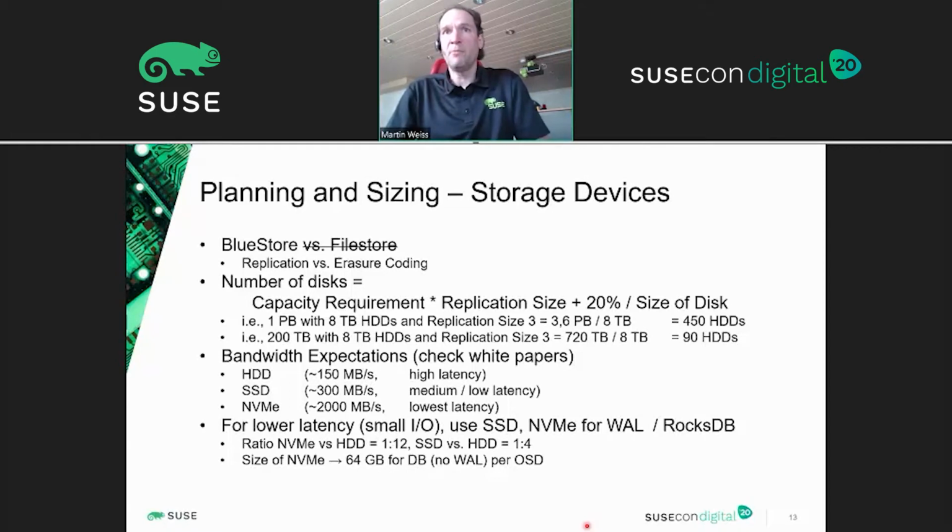So just as an example, if I want a 1 petabyte system and I'm doing a replication of 3, I would have 3 petabytes. Then I add 20% additional capacity to be on the safe side. With that, I have 3.6 petabytes that I need to provide as gross capacity. If you have, for example, 8 terabyte disks, you get the cheapest price per terabyte, though I don't know if that's the current price versus value situation.